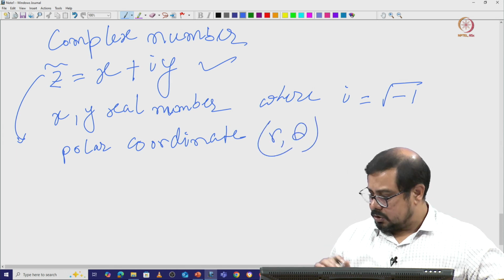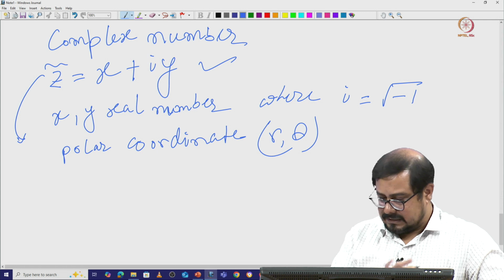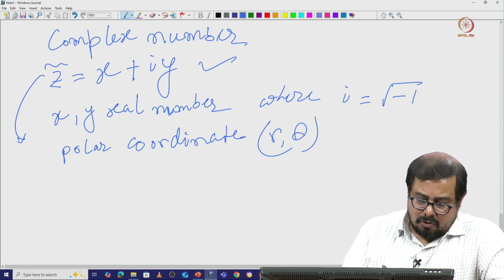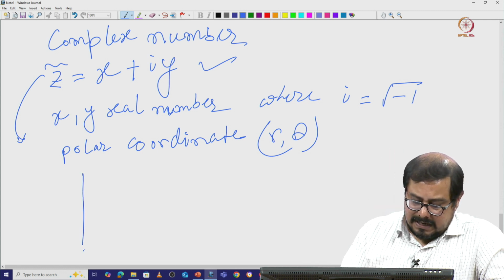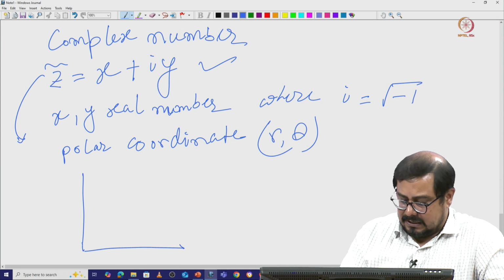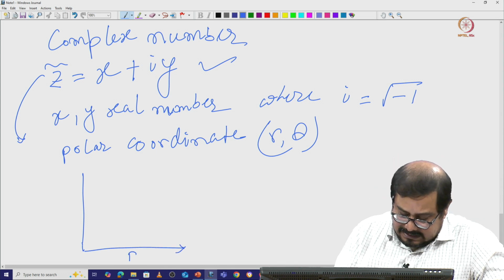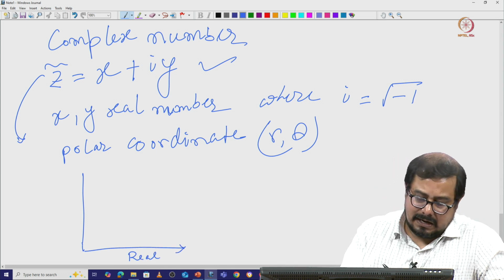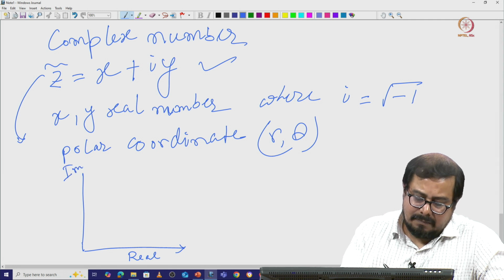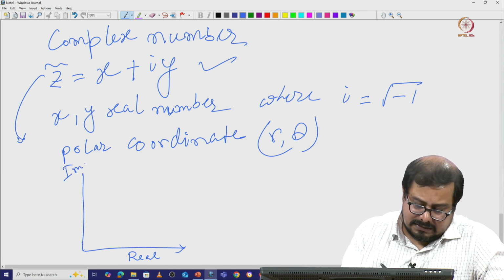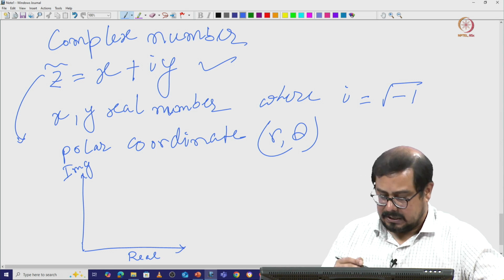When we are considering any wave, this is the real coordinate and this is our imaginary coordinate, as I mentioned earlier.